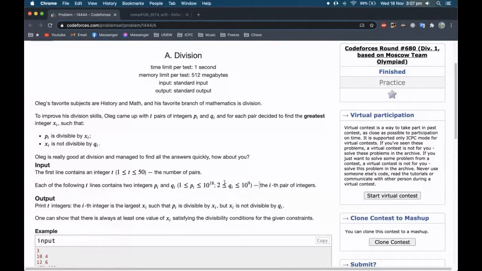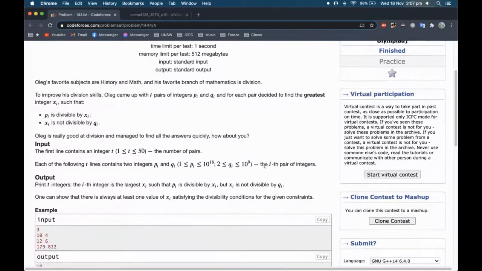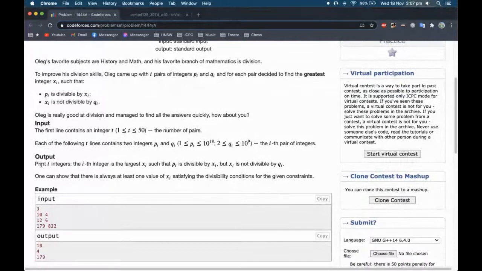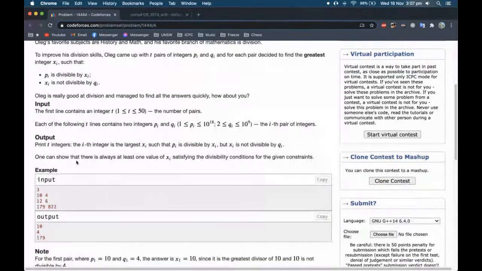These two bounds are very important, and we'll see why when we're analyzing the complexity. p_i and q_i are the i-th pair of integers. For the output, we print t integers. The i-th integer is the largest x_i such that p_i is divisible by x_i, but x_i is not divisible by q_i. One can show that there is always at least one value of x_i satisfying the divisibility conditions for the given constraints, so you don't need to prove this.